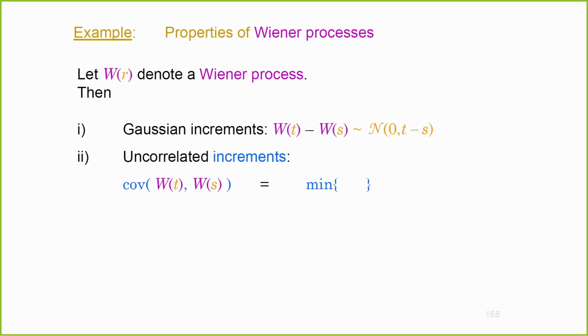The autocovariance of the Wiener process at different points of time t versus s is going to be the minimum of t and s, just as was the case for the corresponding random walk. I'm not going to look at the random walk again.